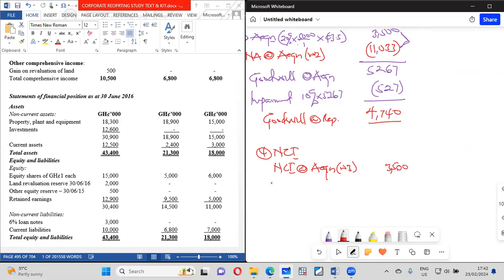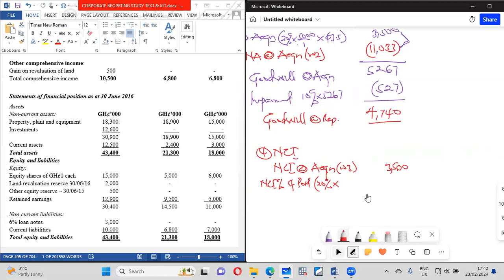Then NCI share of post acquisition. And how much do we have for our post acquisition? We have 20% multiplying our post acquisition.